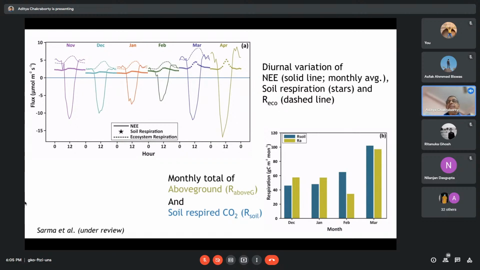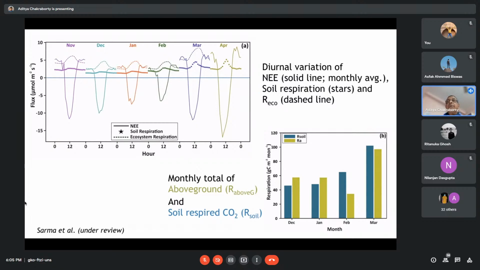In fact, earlier we installed one of the soil respired CO2 sensors, but we completely lost it because of water inundation. So we generally take it out on the advent of monsoon, just before May or early May, because it rains quite heavily in May also. So we put it up to April, and then we don't have any data for the monsoon season.